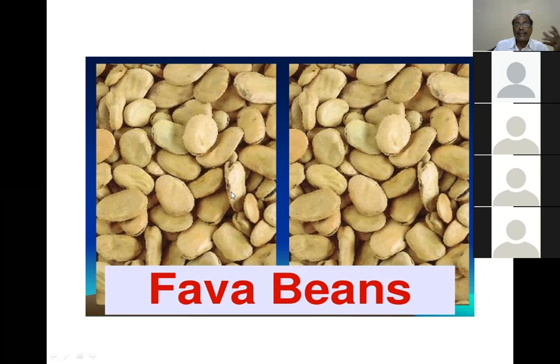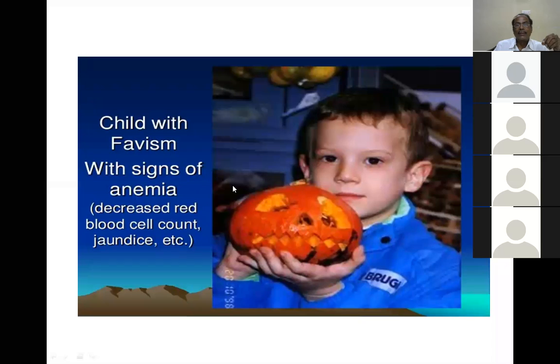Excessive H2O2 is liberated, the membranes of the RBC are broken, and hemolysis occurs. So immediately after eating a large quantity of fava beans, these people are going to have a hemolytic crisis. That is the danger of eating fava beans.